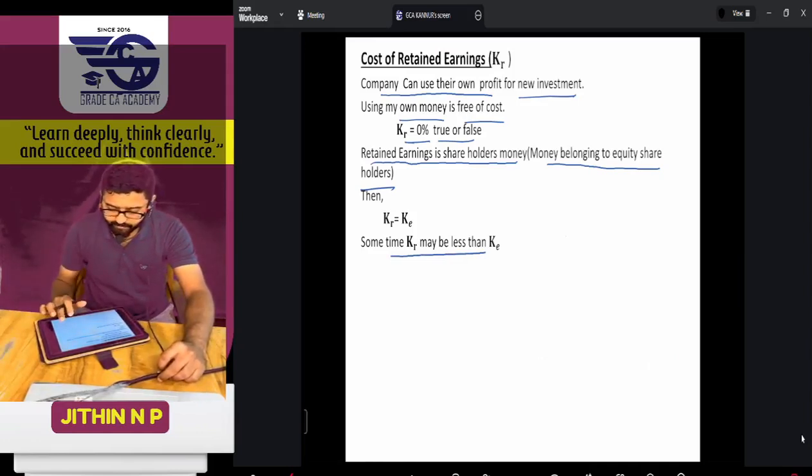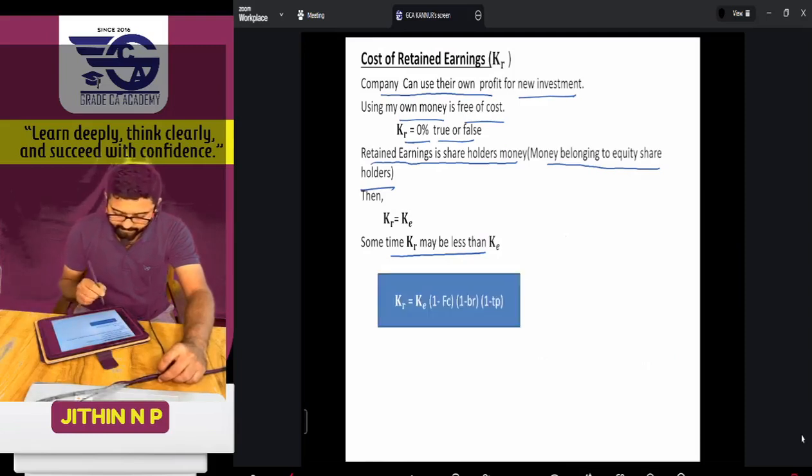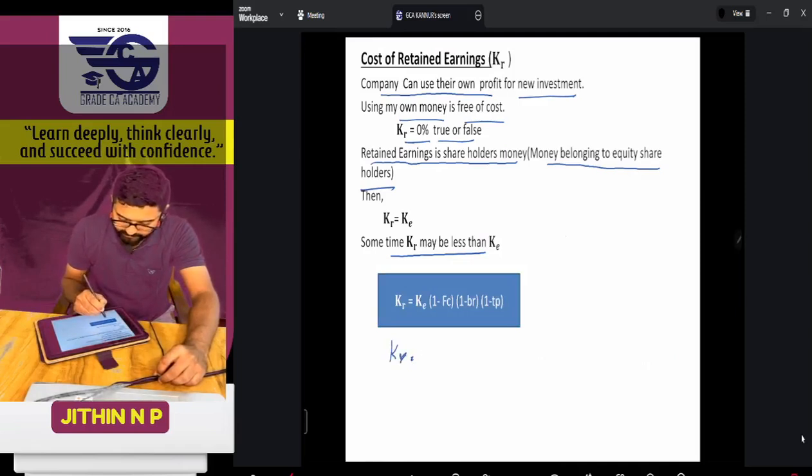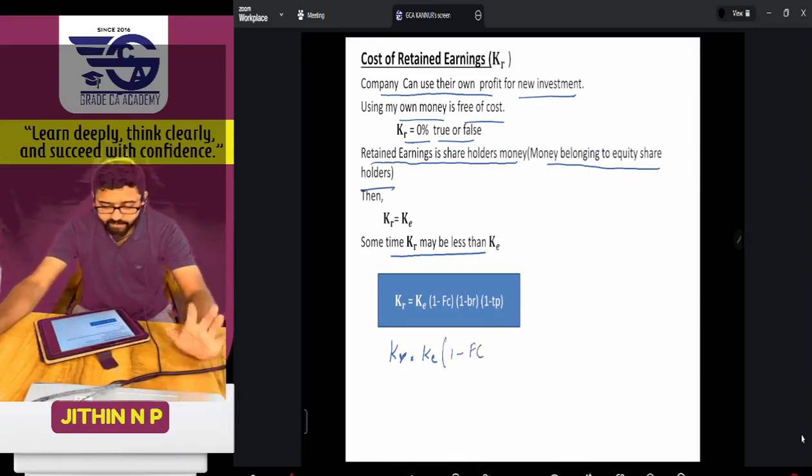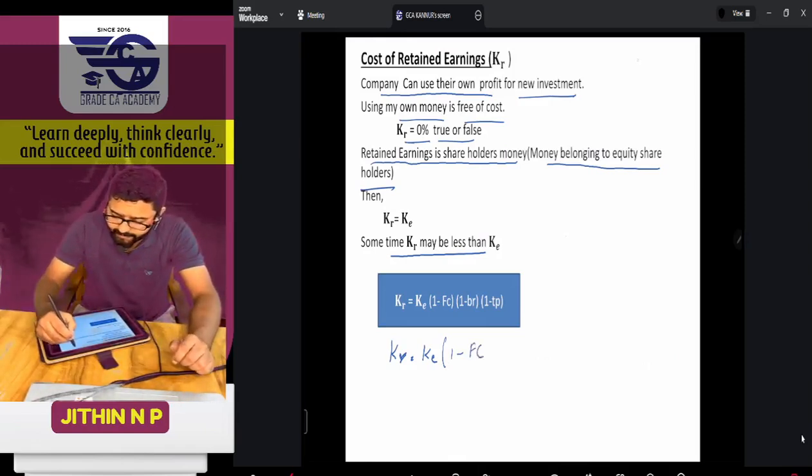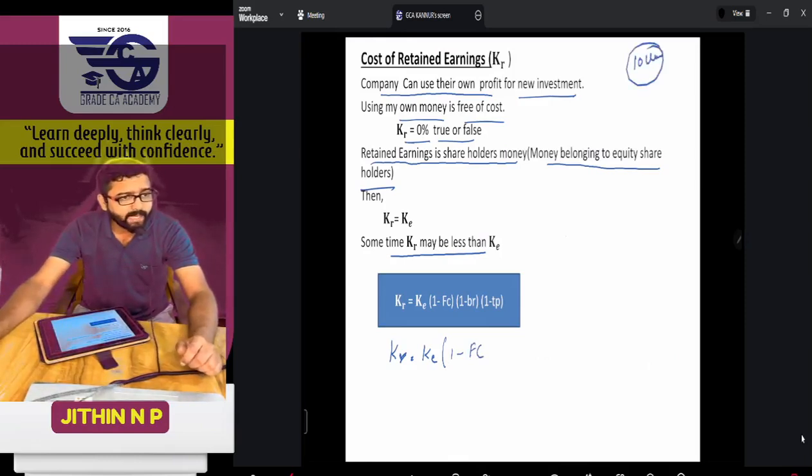Suppose, listen here, KR is equal to K into 1 minus flotation cost. Actually, suppose the company needs 10 crore rupees for new investment. The company has two options.